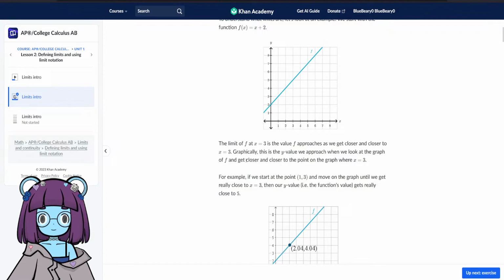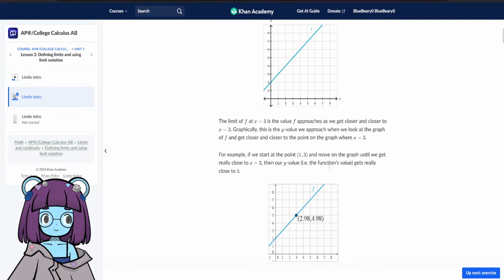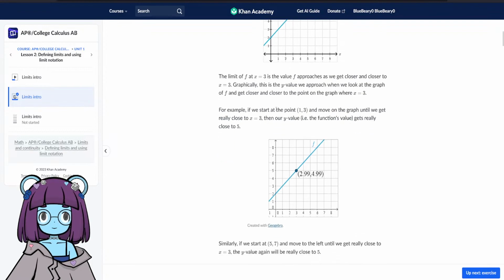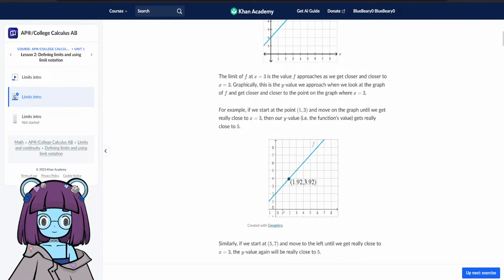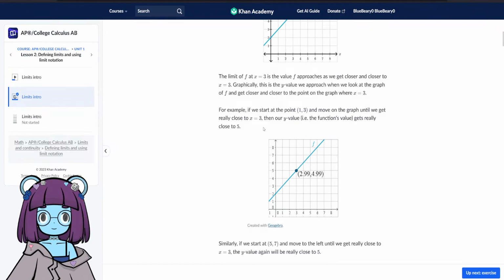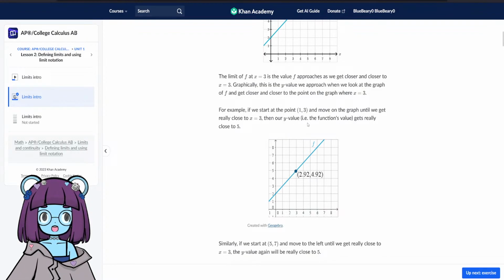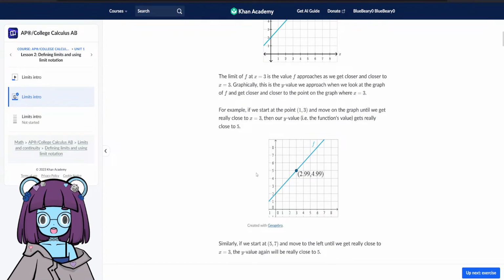And get closer and closer to the point on the graph where x equals 3. For example, if we start at the point 1, 3 on the graph until we get really close to x equals 3, our y value, the function's value, gets really close to 5.